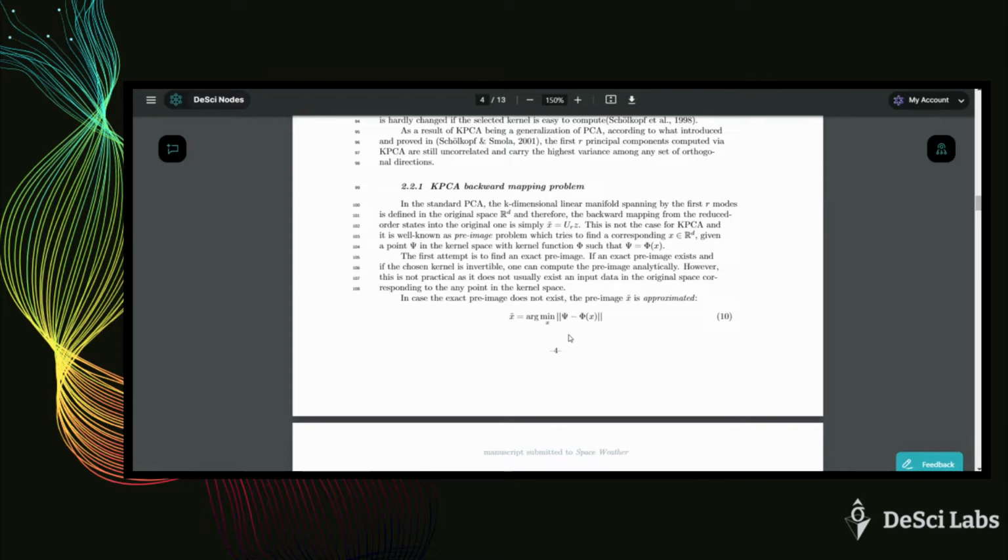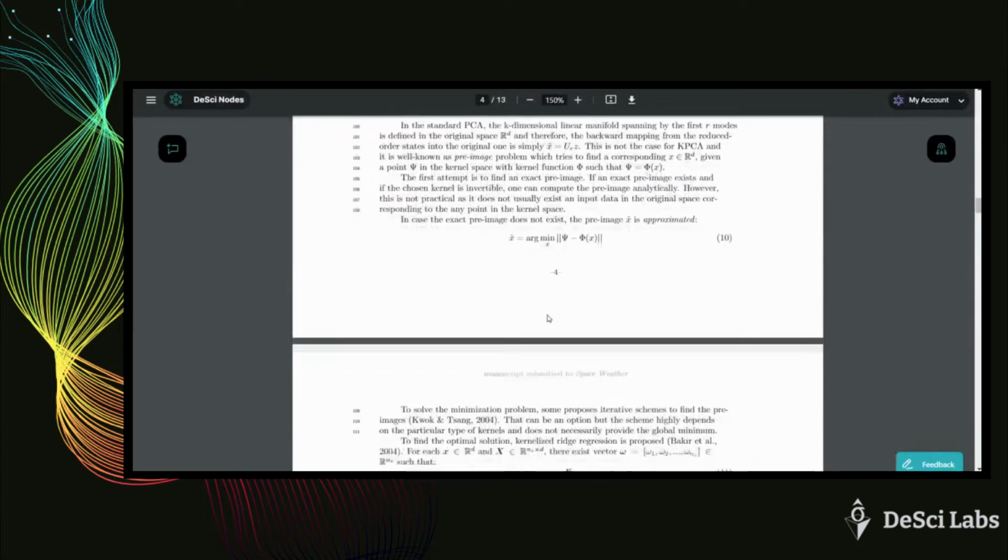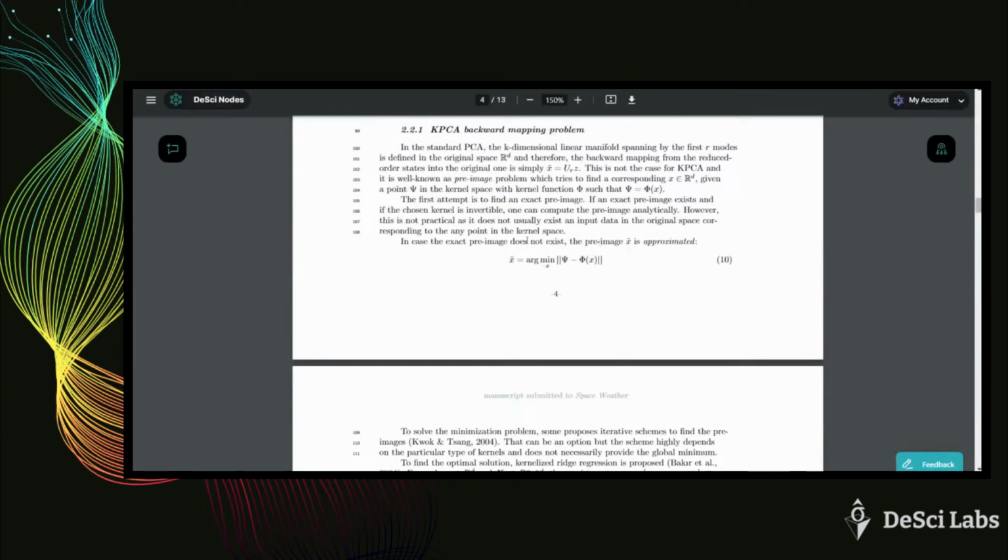And if you have an exact approximation, it means that you are just taking the same point that you mapped before. You can easily minimize this with a cost value of 0, but it's not the case in many cases. So we have to solve this minimization problem, you know.